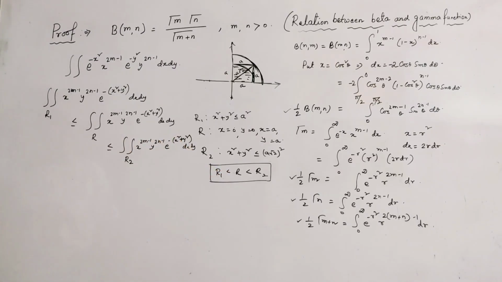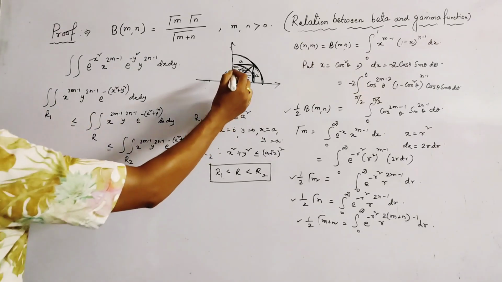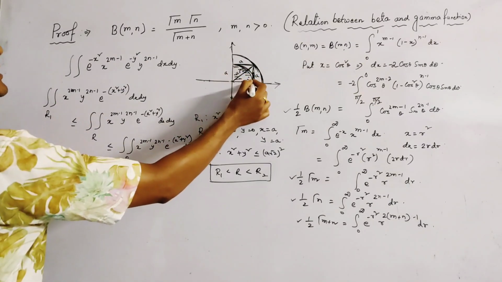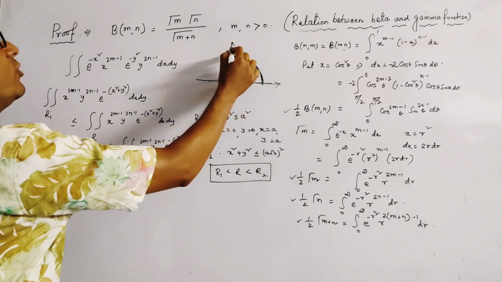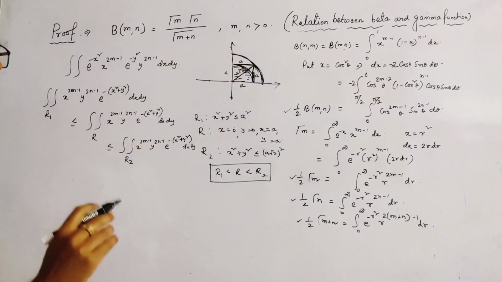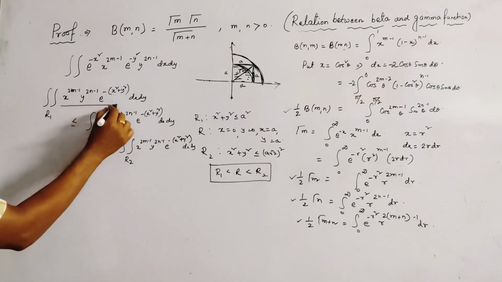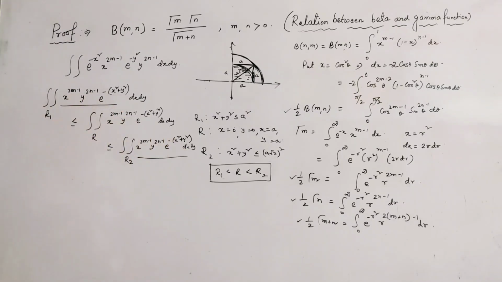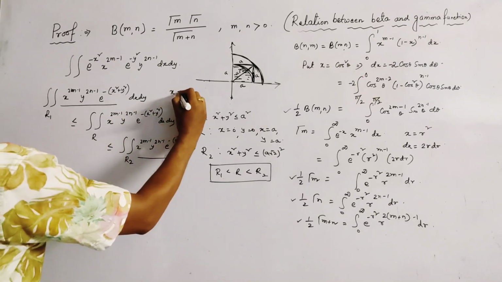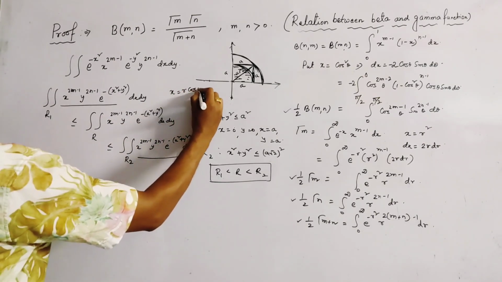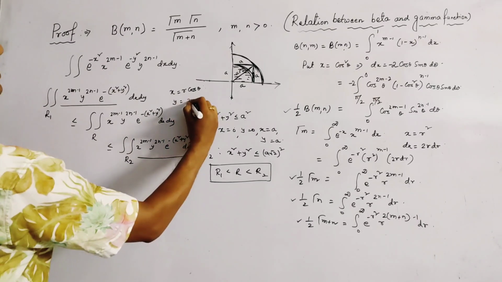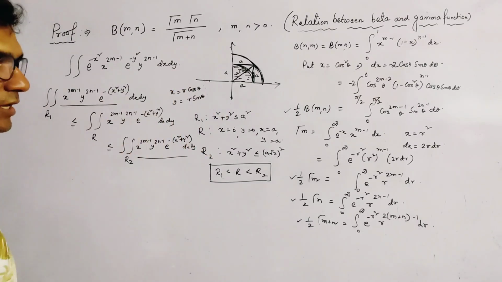Now we take any one of the integrations, either on the left or on the right, because for the left integration the region is a circle, and for the right integration the region is also a circle. So we put x equal to r cos theta and y equal to r sin theta.